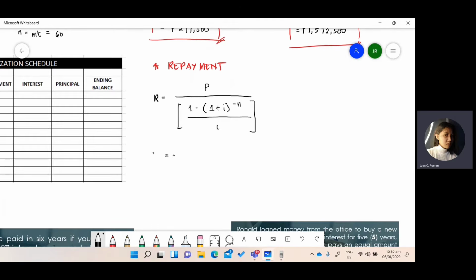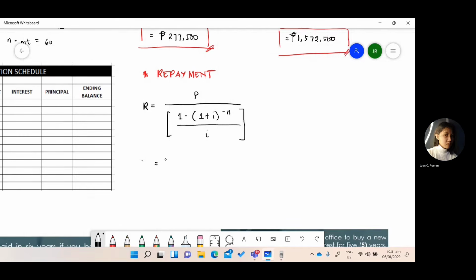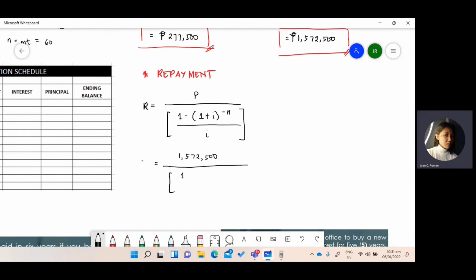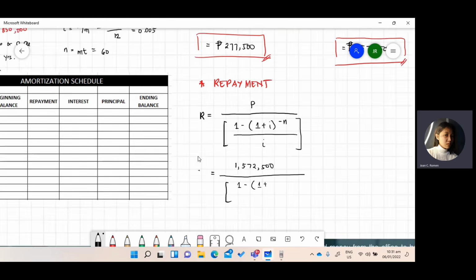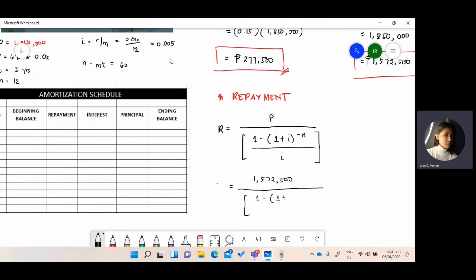So that is equal to our P, or the beginning balance after deducting the down payment, which is 1,572,500. Then over 1 minus 1 plus... What value did we get for i earlier? So our i is 0.005.